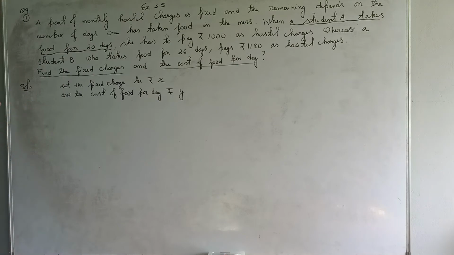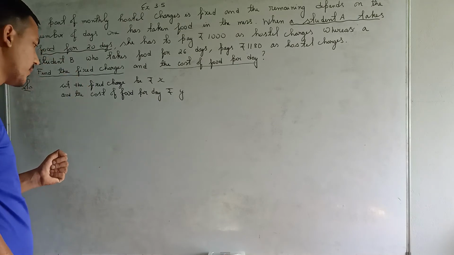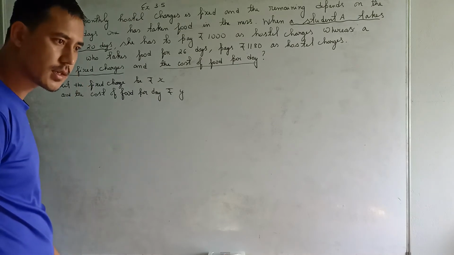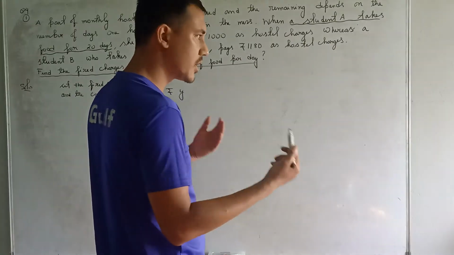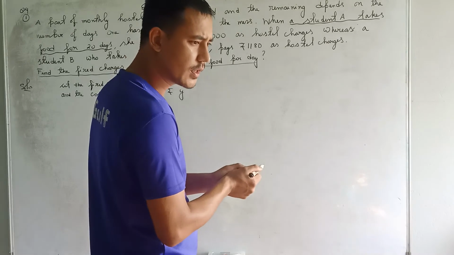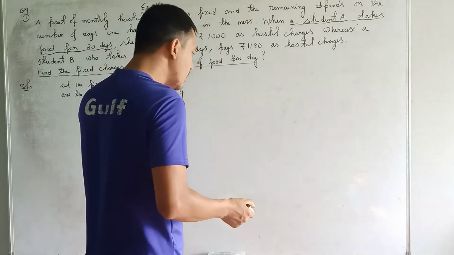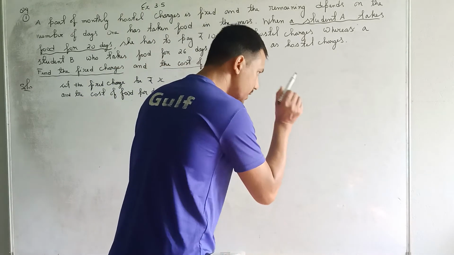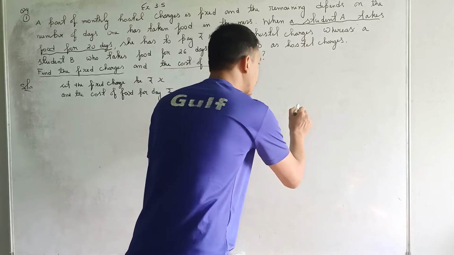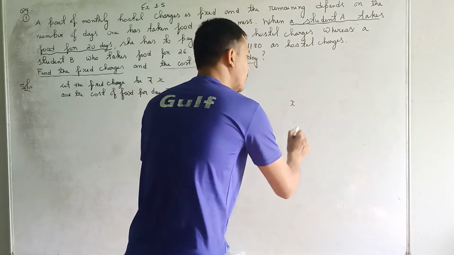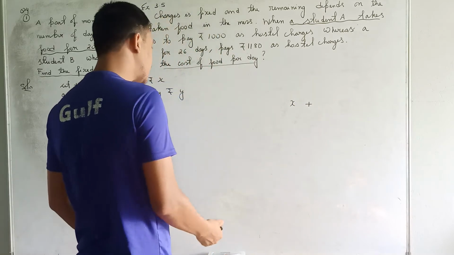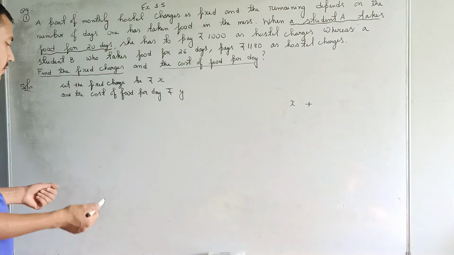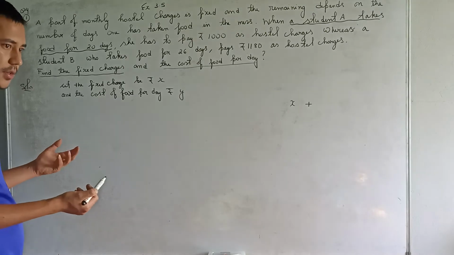So if a student joins the hostel and takes food for 20 days, what are the charges that she has to pay? As soon as she joins the hostel, she has to pay the fixed charge, right? Rupees x. Plus, you are going to give the additional charge. Means, according to the number of days she took food, she has to pay the charge, right?